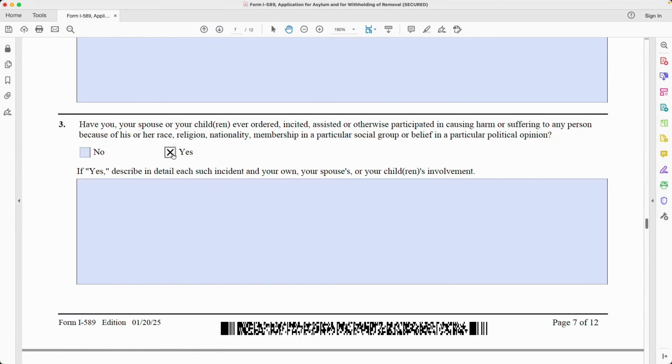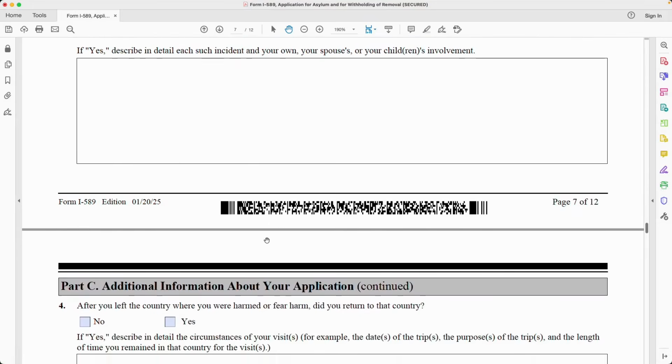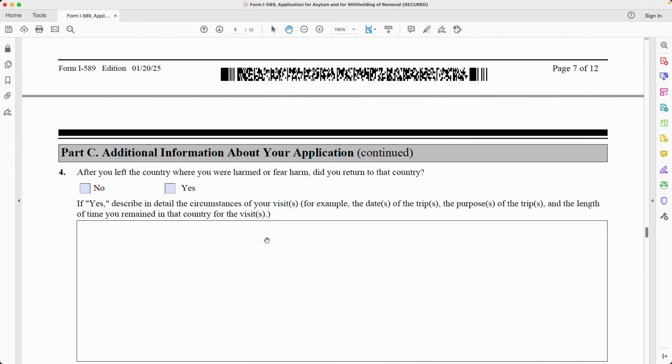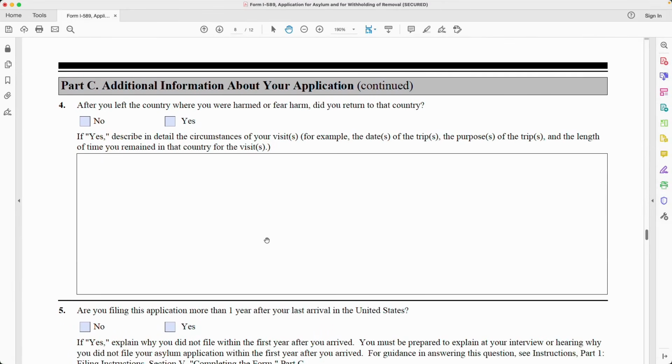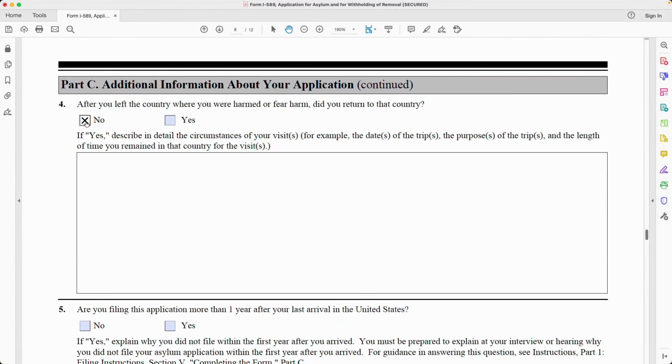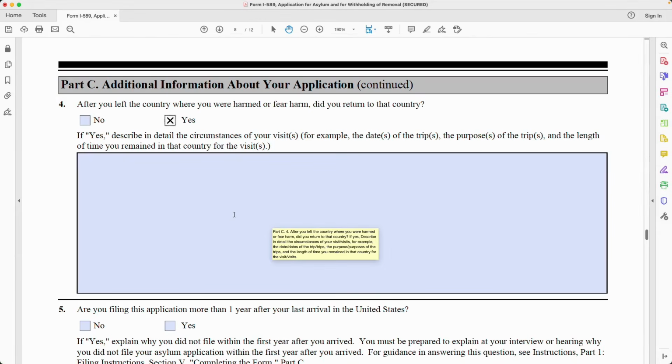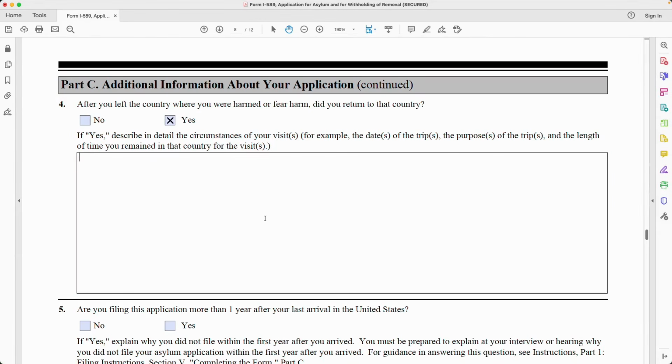Check yes if you have, and provide an explanation. Question 4 asks if you returned to your country after you left. Check no if you have not. Check yes if you have, and provide an explanation that includes the information listed here.